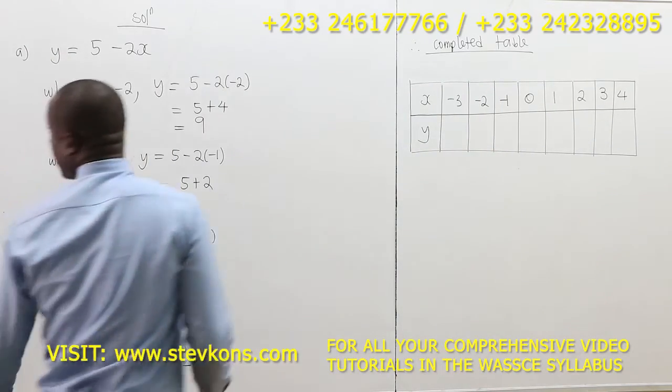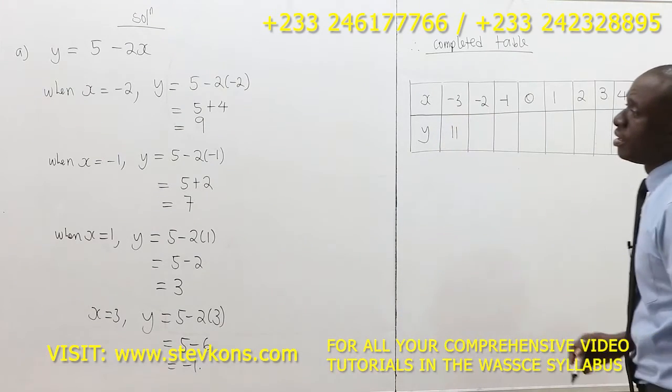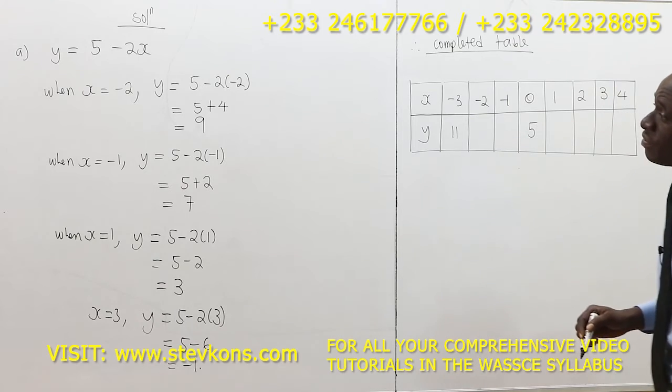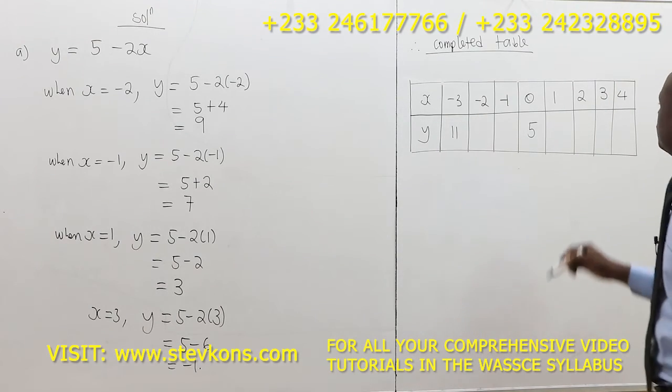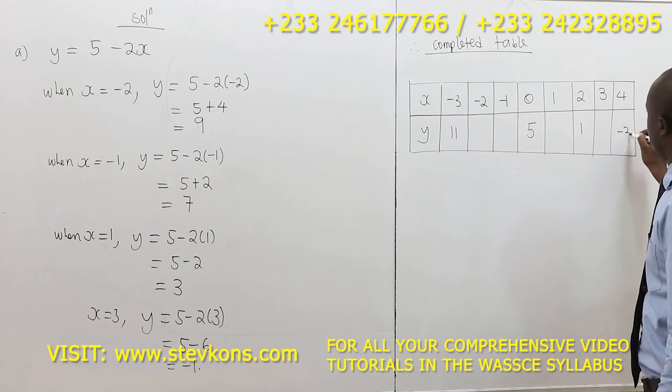Okay. When it's negative 3, we have 11. 0 is 5. 2 is 1. 4 is negative 3.